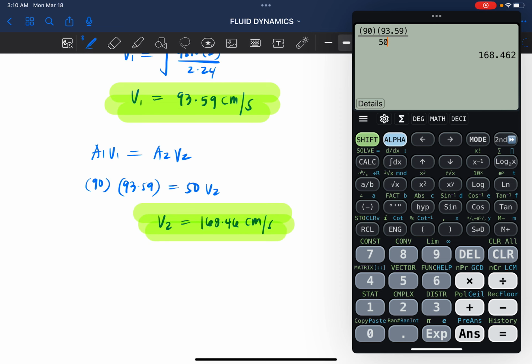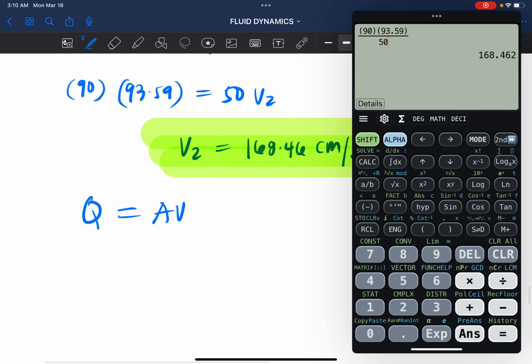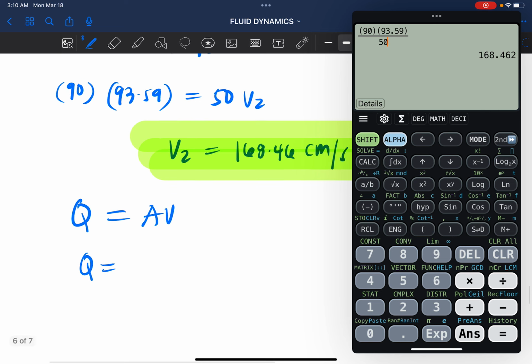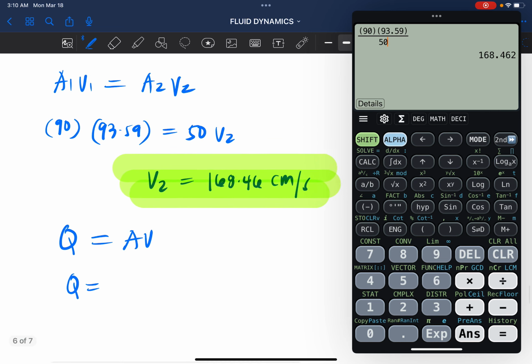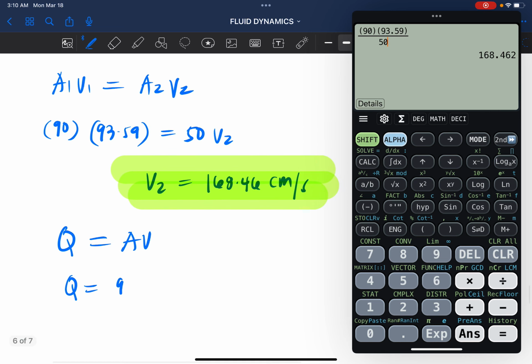And then lastly, para makuha natin discharge, you have Q is equal to AV. Diba? So, kahit alin sa dalawa na yan, kahit alin sa dalawa na yung gamitin nyo, dapat equals lang yan. So, Q is equal to, ang gamitin natin yung A sub 1, B sub 1. That is 90 times V sub 1 natin, that is 93.59. 90 times 93.59.